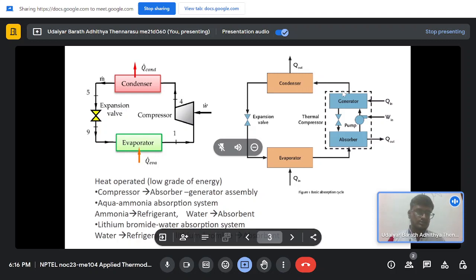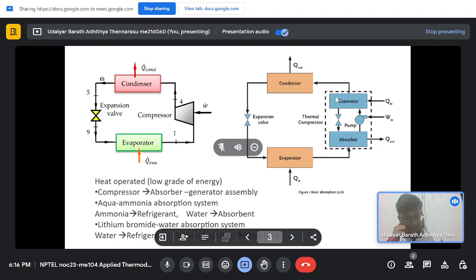Ammonia is then taken to the condenser, and the water, or the absorbent, which is now a concentrated absorbent, is brought back to the absorber through an expansion valve. The expansion valve is required because you are pumping in, and there's a pressure difference.